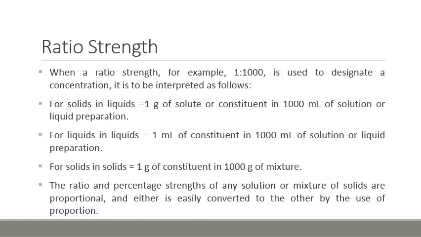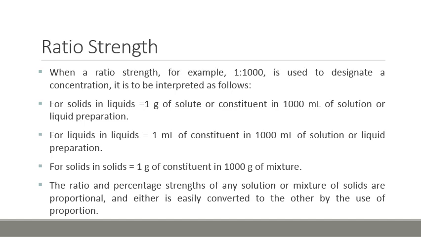When a ratio strength, for example 1 is to 1000, is used to designate a concentration, it is to be interpreted as follows. For solids in liquids, 1 is to 1000 means 1 gram of solute or constituent in 1000 ml of solution or liquid preparation. For liquids in liquids, 1 is to 1000 means 1 ml of constituent or drug in 1000 ml of solution or liquid preparation.